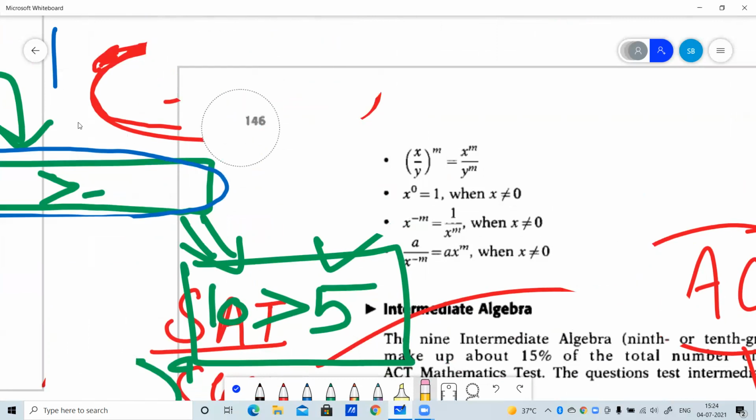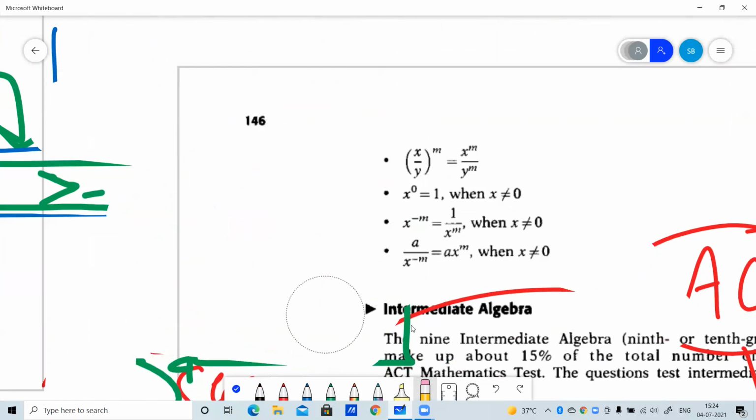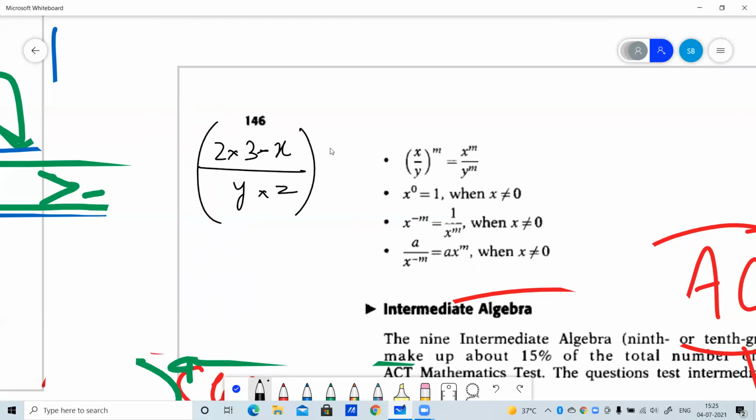If you're having different numbers or variables in division, for example, 2 times 3 times x divided by y times z, this whole thing is raised to the power 4. That means you can distribute this 4 to everything. 2 to the 4 times 3 to the 4 times x to the 4 divided by y to the 4 times z to the 4.